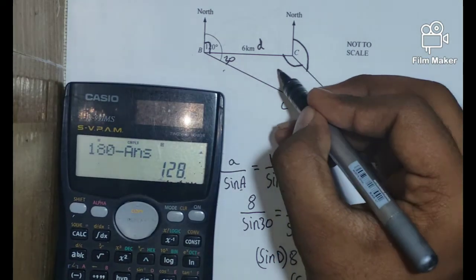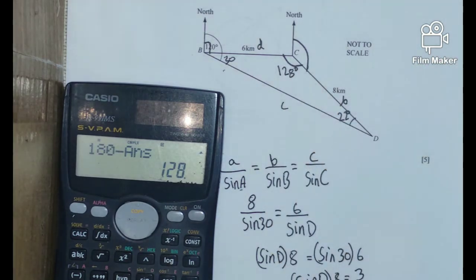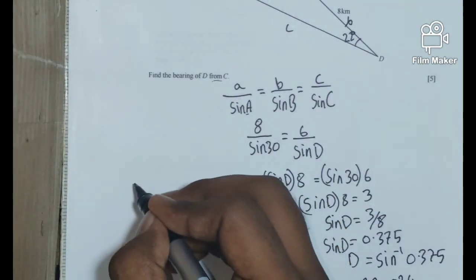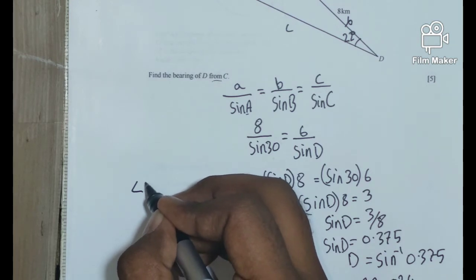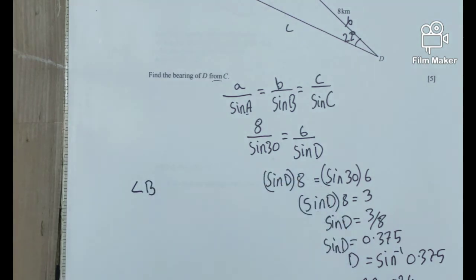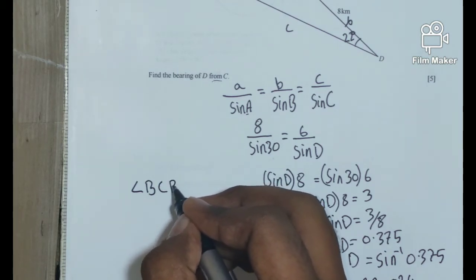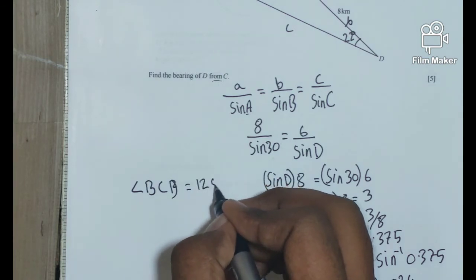So now we know that this angle is equal to 128 degrees. Let us write it down over here, that angle BCD is equal to 128.